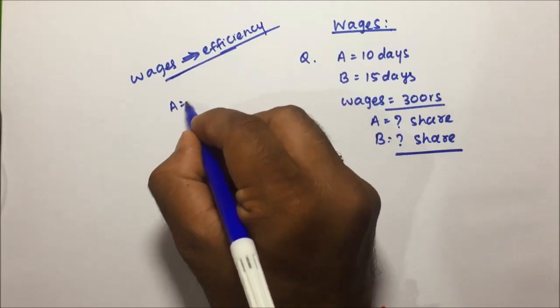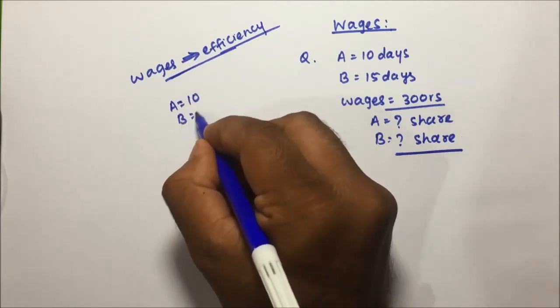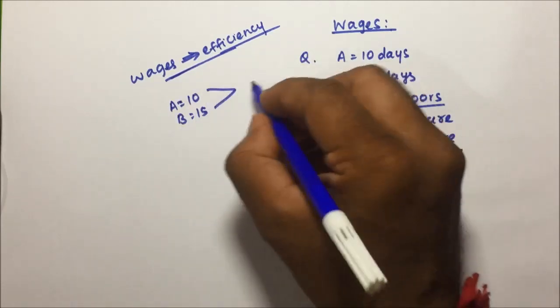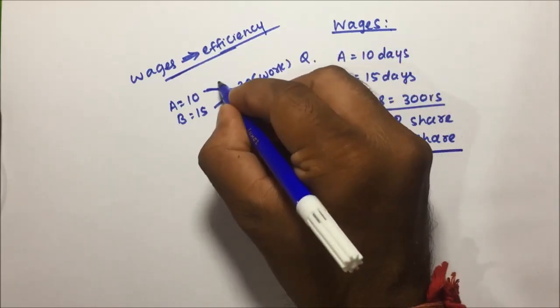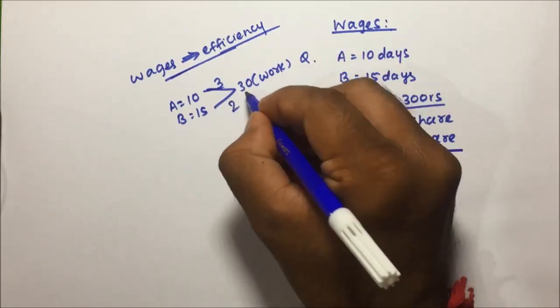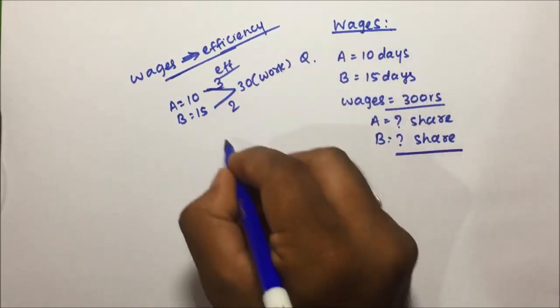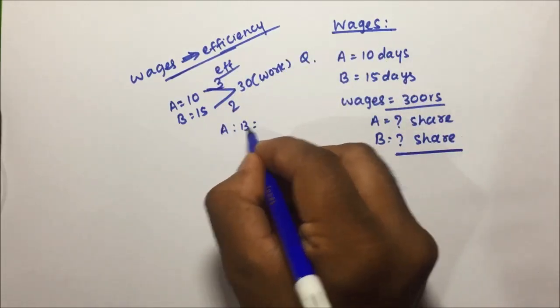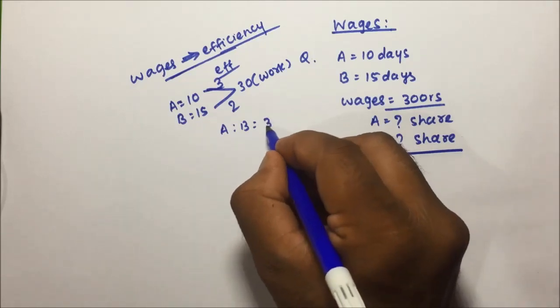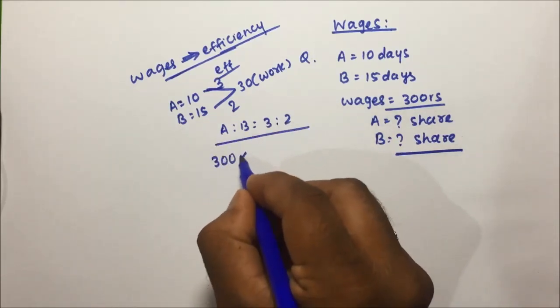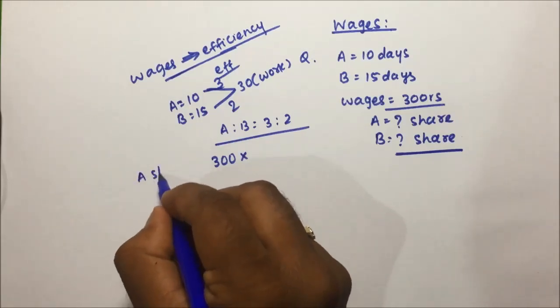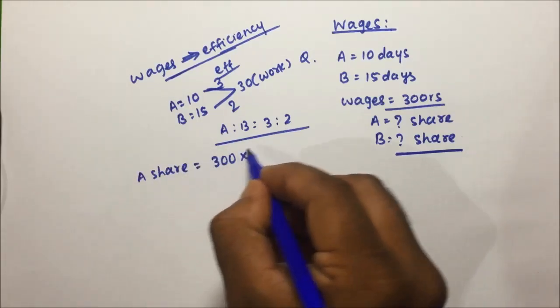Now we can see A can complete a work in 10 days, B can complete a work in 15 days. Take the LCM as the work value, so that will be 30. Now A's efficiency will become 3 and B's efficiency will become 2. Now the efficiency ratio of A and B is nothing but 3:2. That means the 300 rupees also will get distributed in the same ratio.